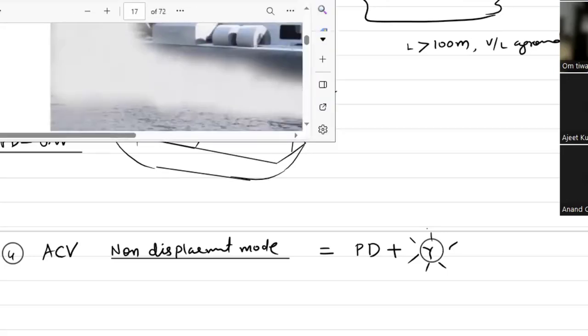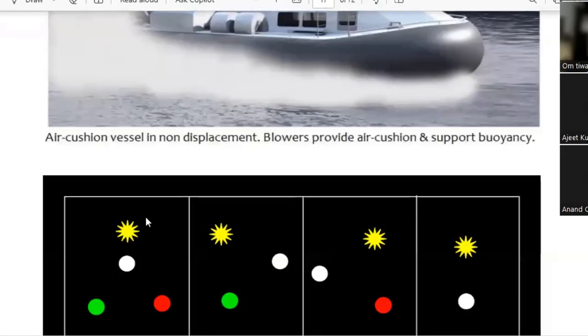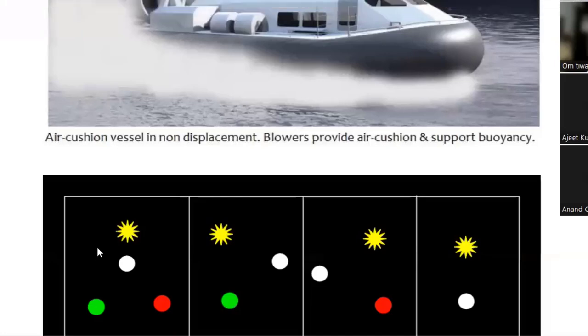Now, same thing here. If you see these lights, say picture number 1, how are you going to describe this? So the first one is power-driven vessel, air cushion vessel in non-displacement mode, seen end on, sir. Correct. One more thing: air cushion vessel less than 50 meter, operating in non-displacement, seen end on in the first picture.